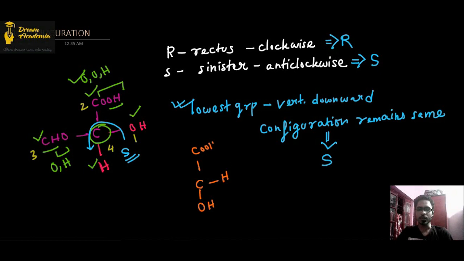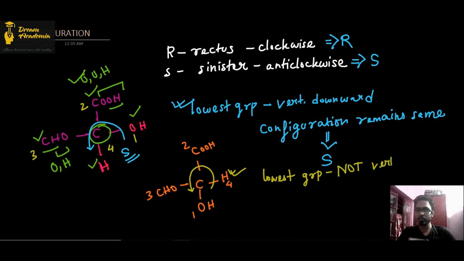So what will happen now? If you get this compound, again if you do numbering like this, you will do 1, 2, 3 and 4, and considering the rotation, it will occur like this. So again here it is anti-clockwise rotation, but here the lowest priority group, I mean this hydrogen, the group with lowest atomic mass, is not in a vertically downward position.